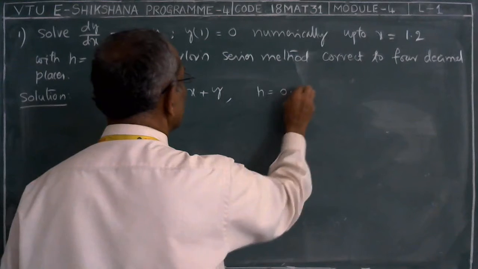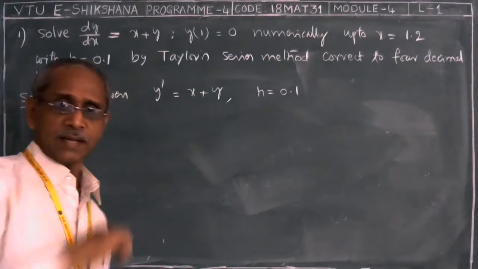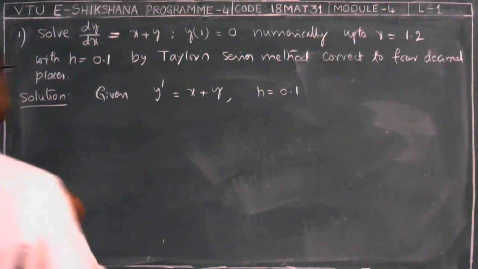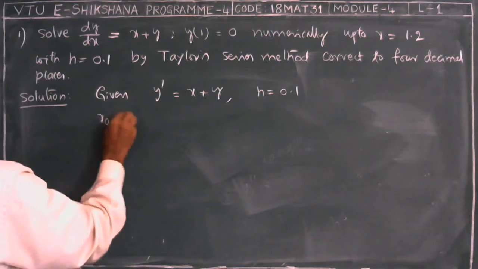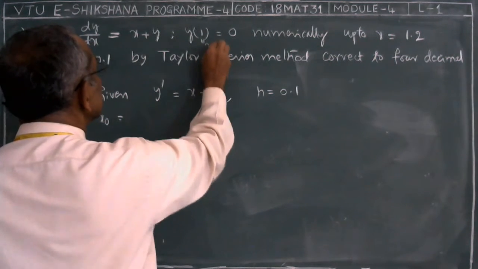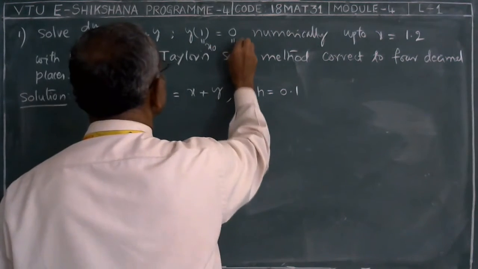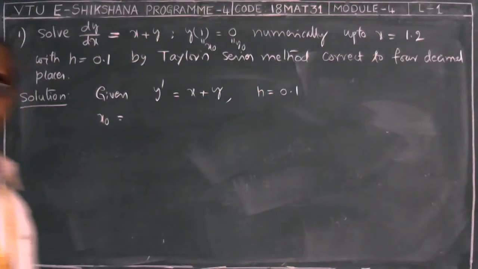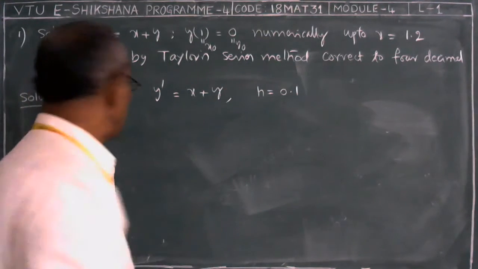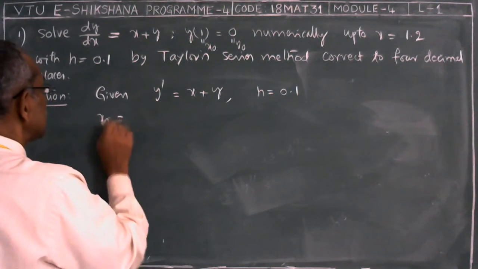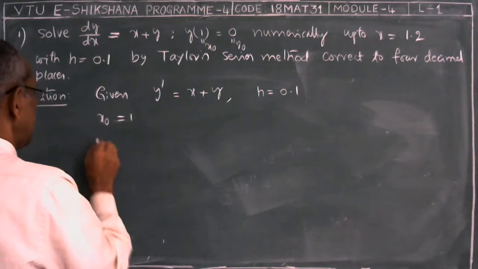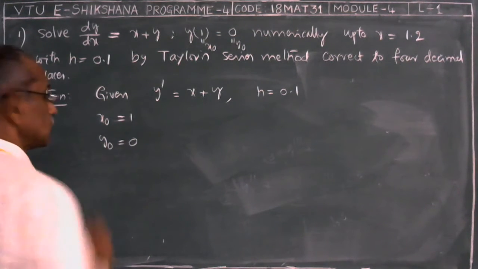H is 0.1. Even otherwise we can calculate h. Then this is your x naught and this is your y naught. y is equal to y naught and x is equal to x naught. So x naught is given to be 1 and y naught is 0.